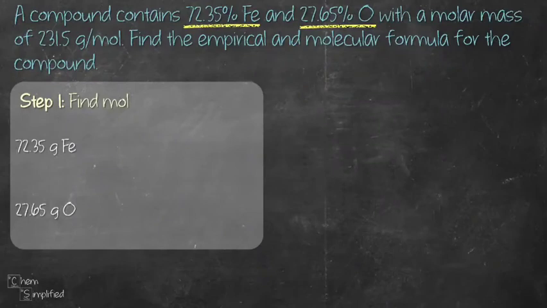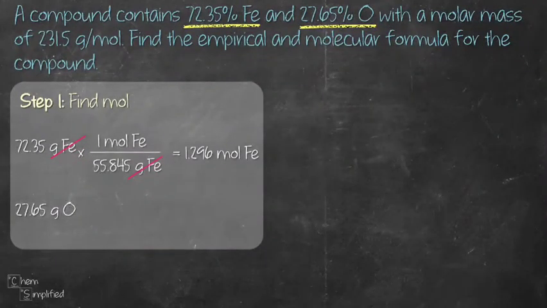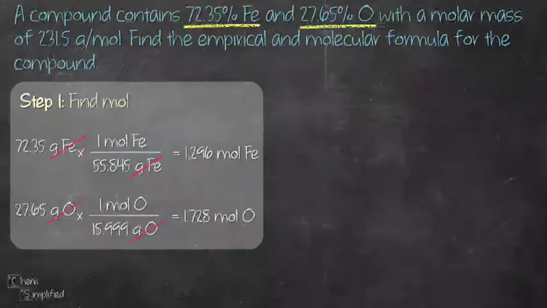So for iron, 72.35 into 1 mole divided by 55.845 gram. It gives 1.296 mole. For oxygen, we are going to divide with the 15.99 gram. It gives 1.728 mole of oxygen.